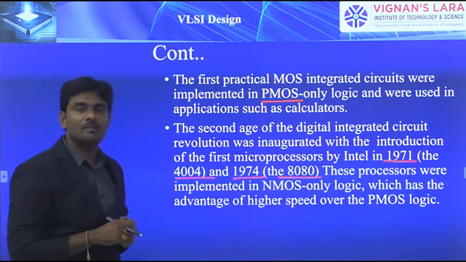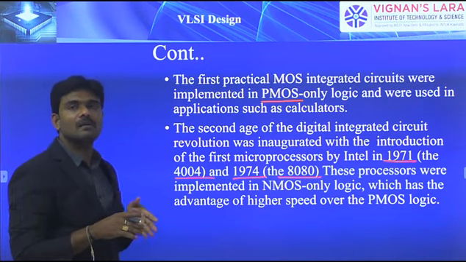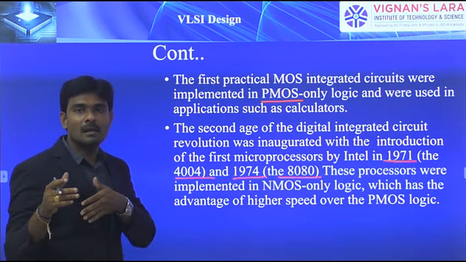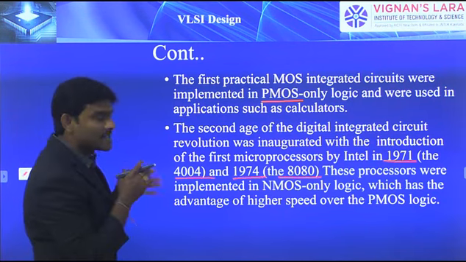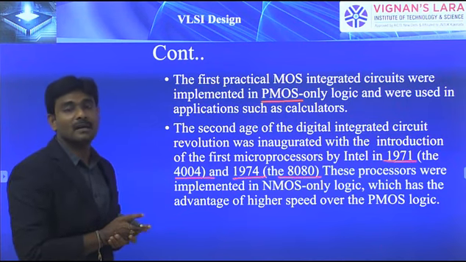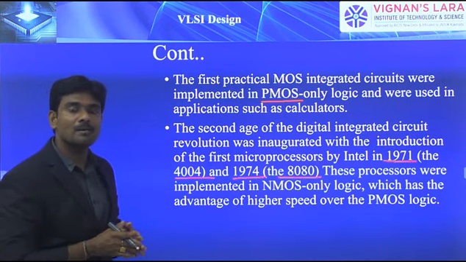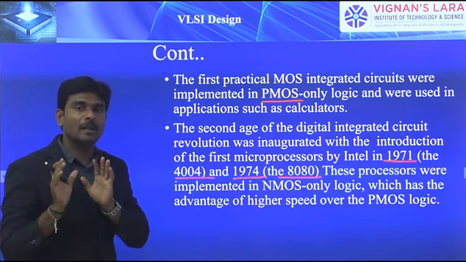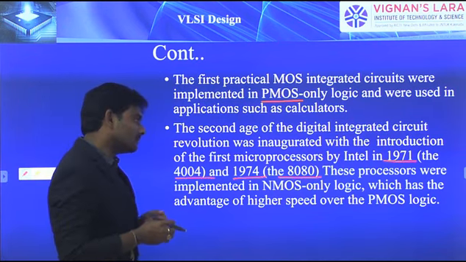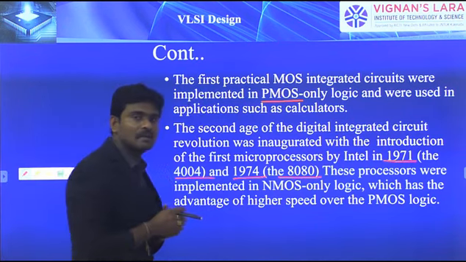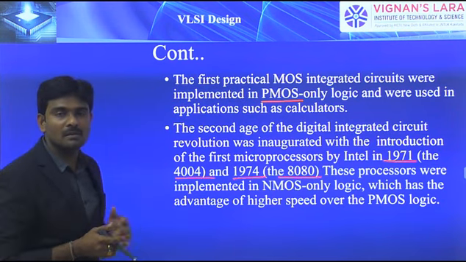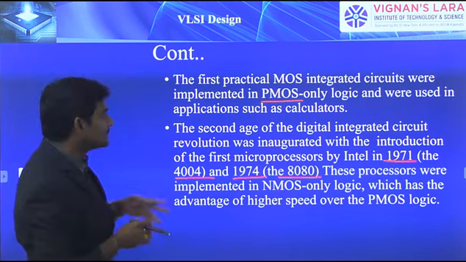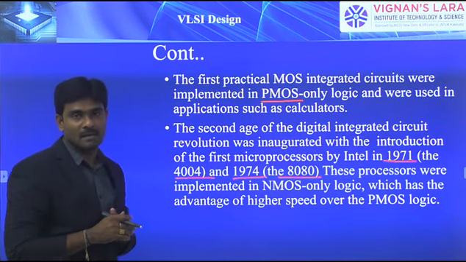In EDC, we always study that electrons are two times faster, or double, but the actual figure is 2.5 times greater mobility. Because of that, some small memories and the first microprocessors 4004 and 8080 were realized using NMOS technology.